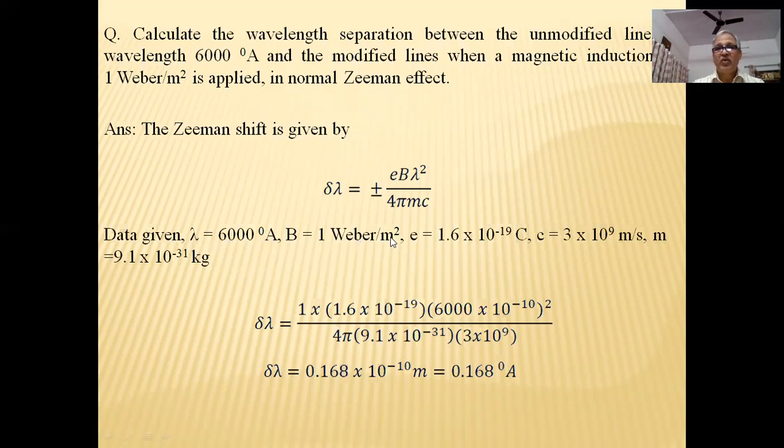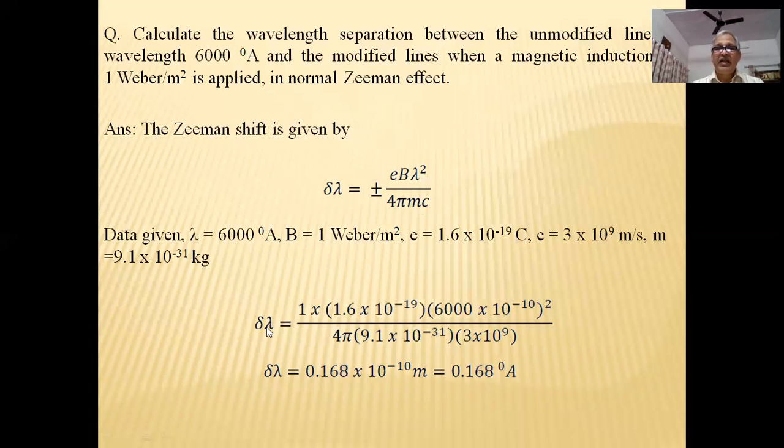The charge of the electron is 1.6 into 10 to the power minus 19 coulomb. The velocity of light c equal to 3 into 10 to the power 8 meter per second. And m is the mass of the electron equal to 9.1 into 10 to the power minus 31 kg. Now we put all these values in this expression.